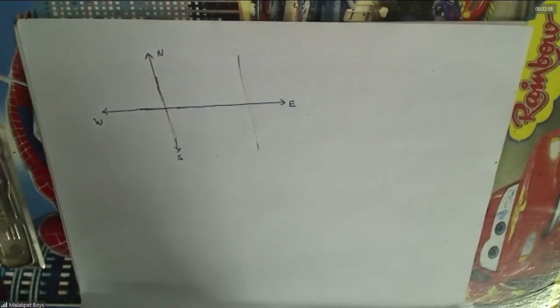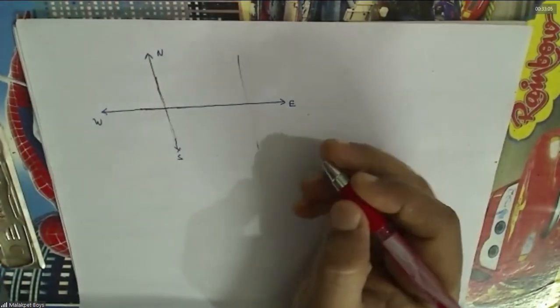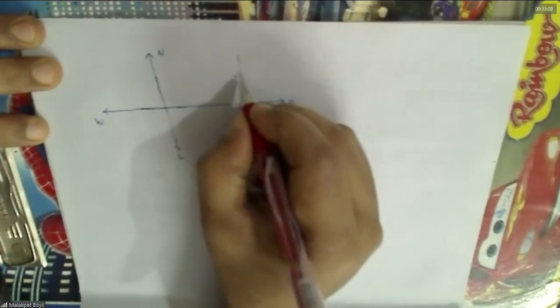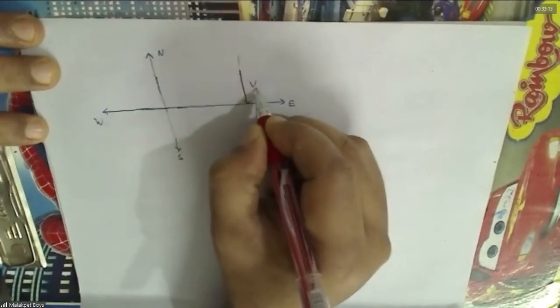Boat is traveling in which direction and velocity of boat with respect to river? River is flowing in which direction? Remember this? South.